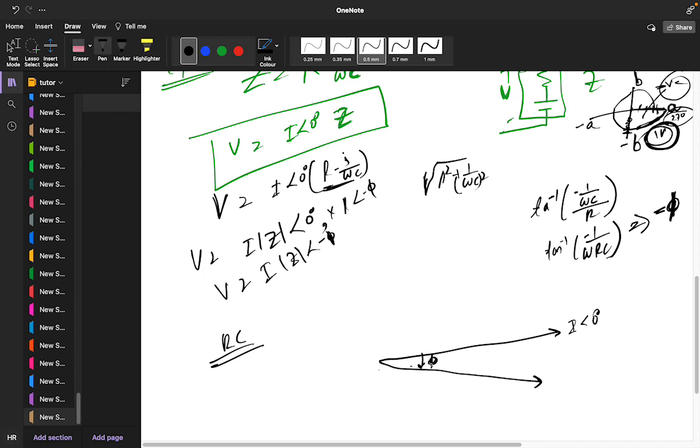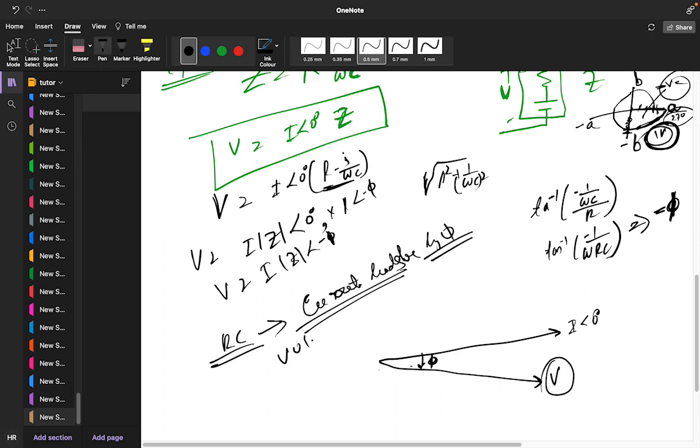So phi is coming. Which is leading and which is lagging? From this, what do we conclude? In an RC network, current leads by angle phi, and voltage lags by angle phi.